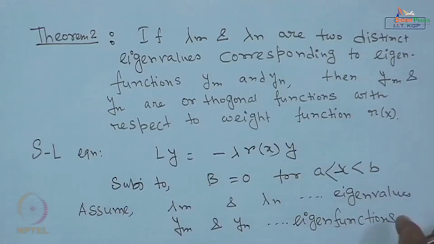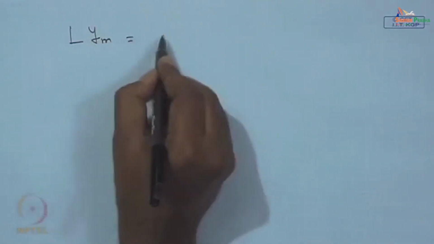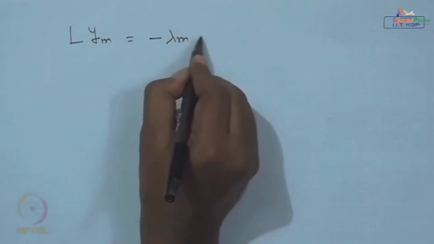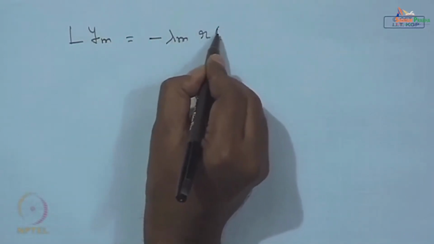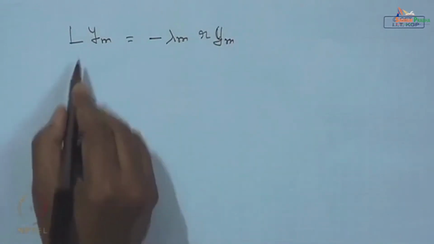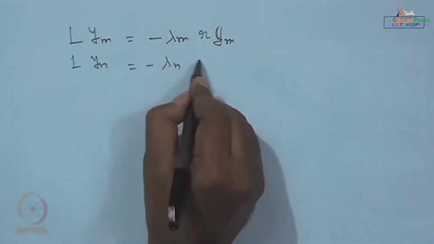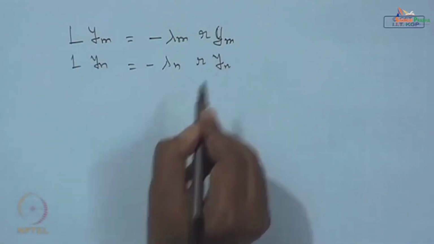So, we write these two equations as L y m is equal to minus lambda m r y m, and L y n is equal to minus lambda n r y n.